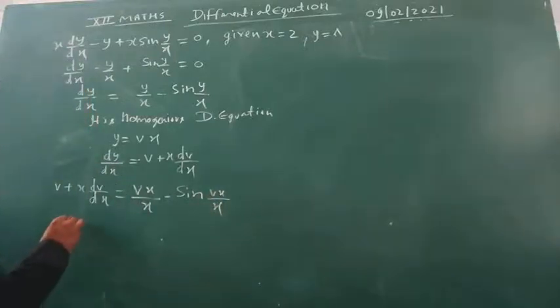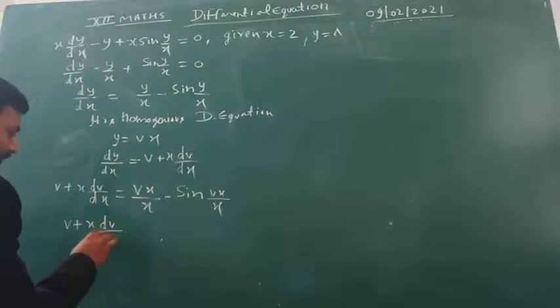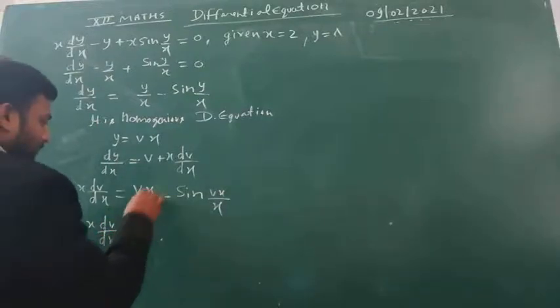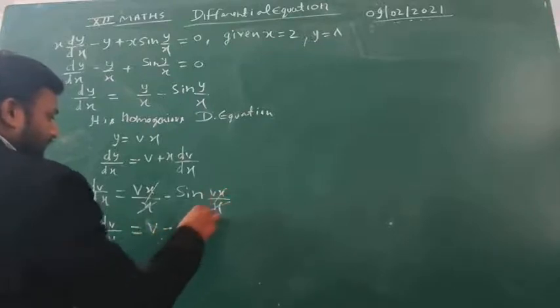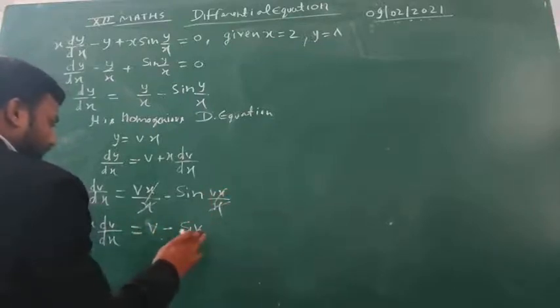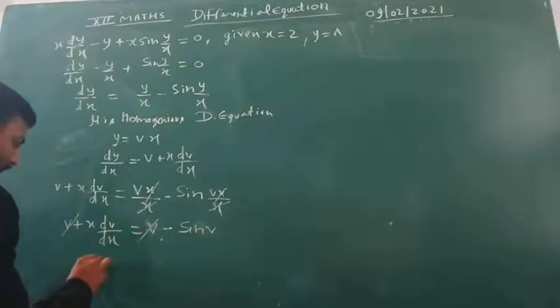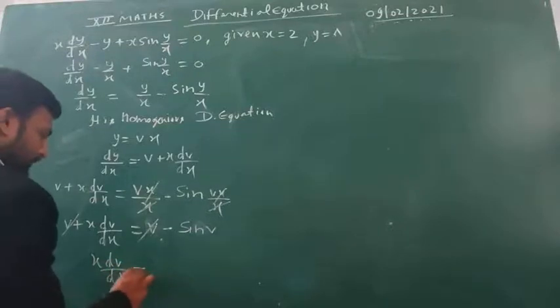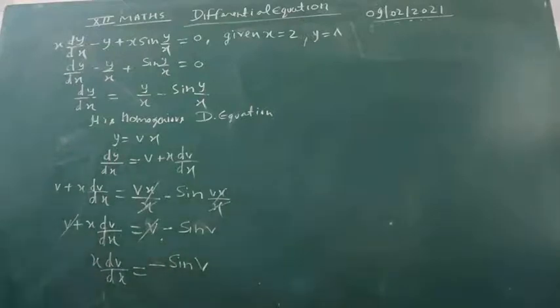So v plus x dv by dx is equal to v minus sin v. This v and v will cancel, students, so x dv by dx is equal to minus sin v. Okay students, I hope you understand.